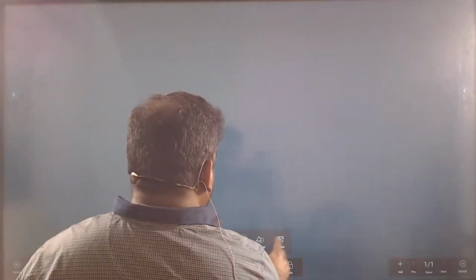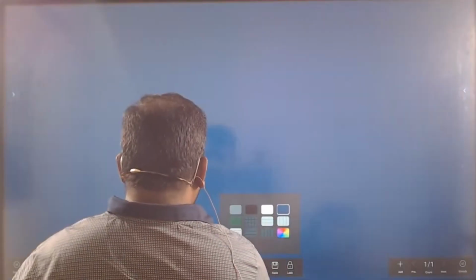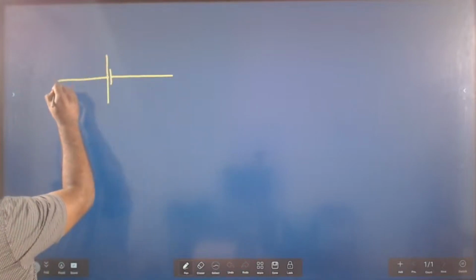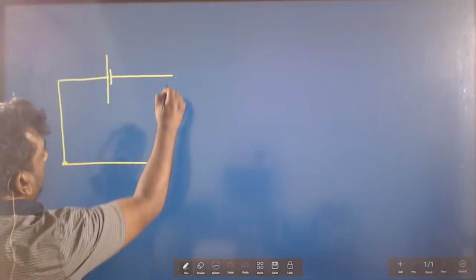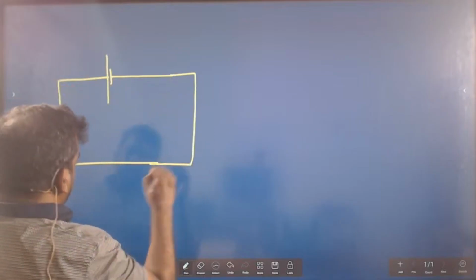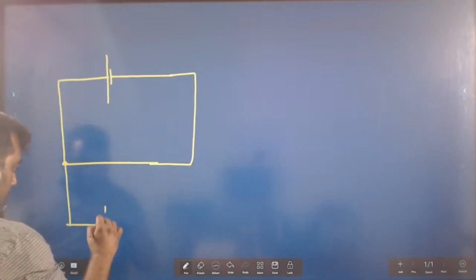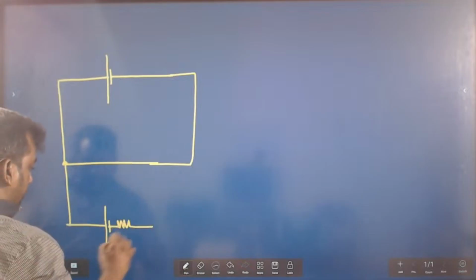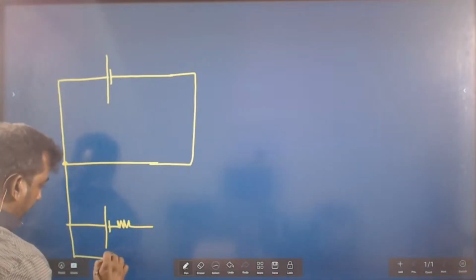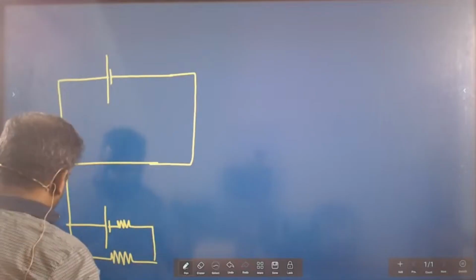Look at the board now. Battery is here. Potentiometer primary side. Here there is an internal resistance. I connect another resistor.